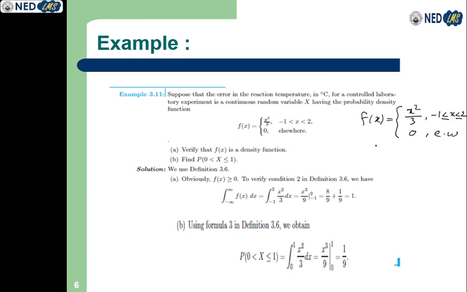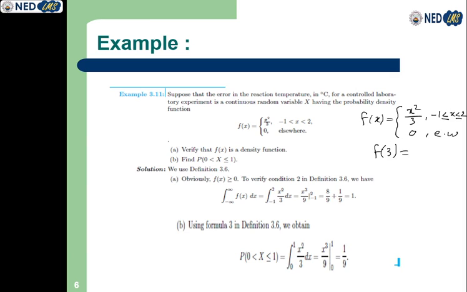If you are going to find f of 3, at x equal to 3, is 3 in this limit? No. Elsewhere stands for beyond these limits. If x lies between these two limits, then f of x equal to this. But if x lies beyond these two limits, then elsewhere f of x equal to 0.